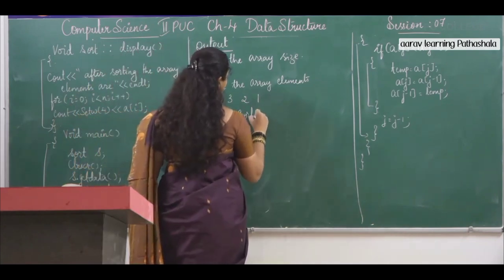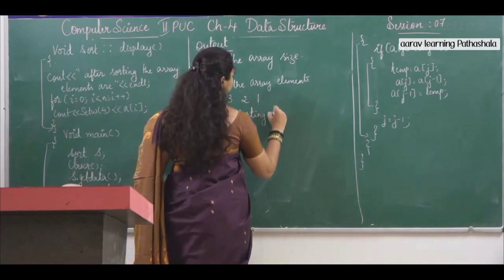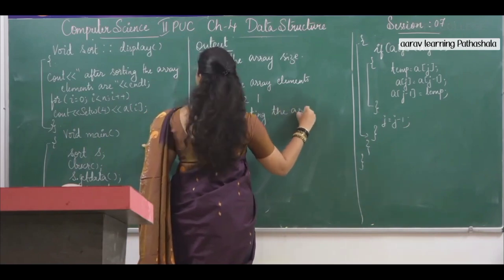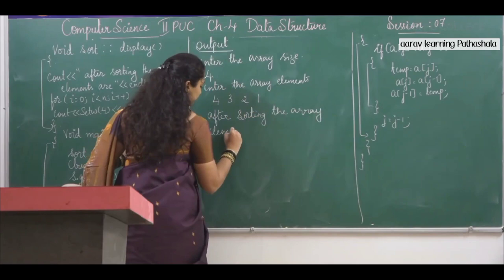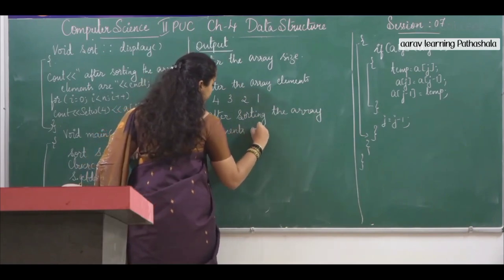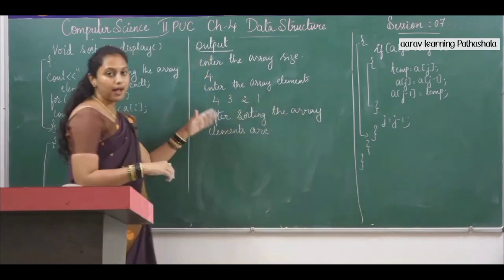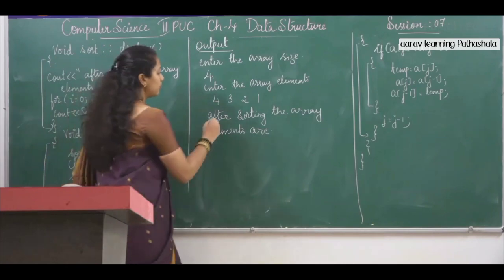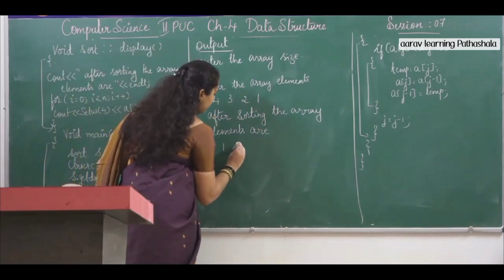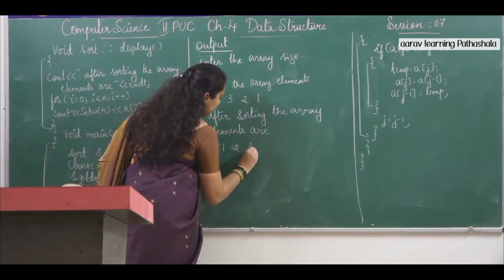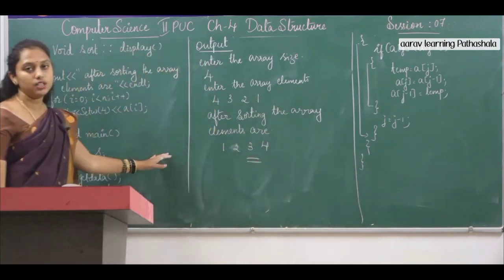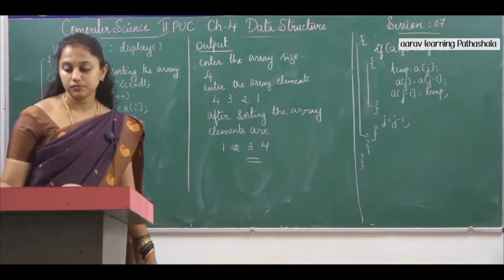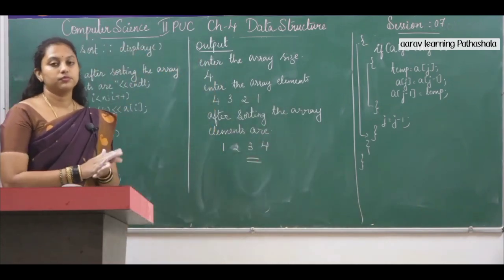So after sorting, the array elements are: after performing the comparison, what is the output? The output is 1, 2, 3, 4. So this is the output for insertion sort. Thank you.